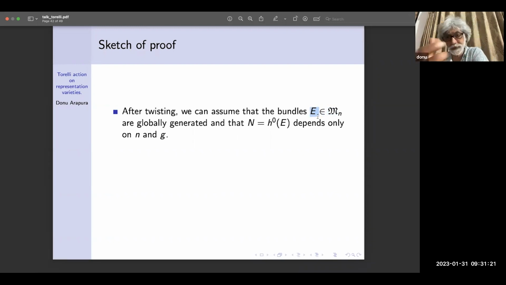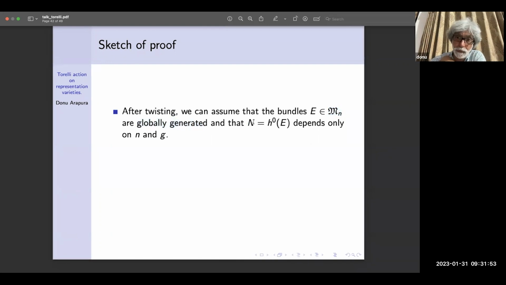I can twist the bundle by some sufficiently ample class, and regard Mn instead as bundles of suitably high degree, still rank N. And I can make the degree so high that these bundles, all of them, not just one, are globally generated.